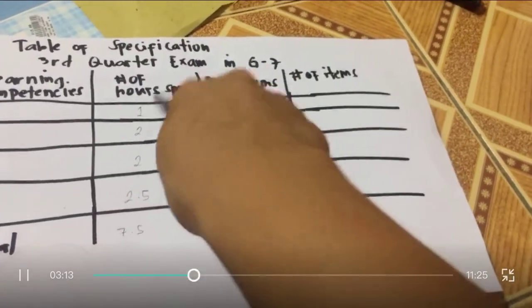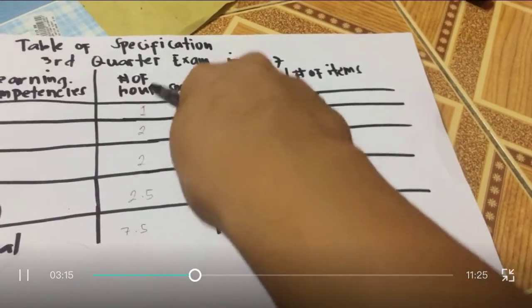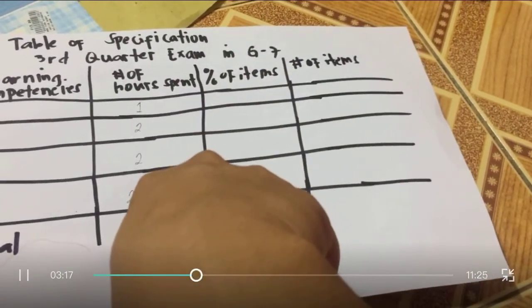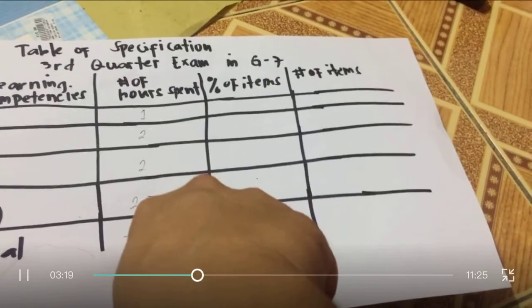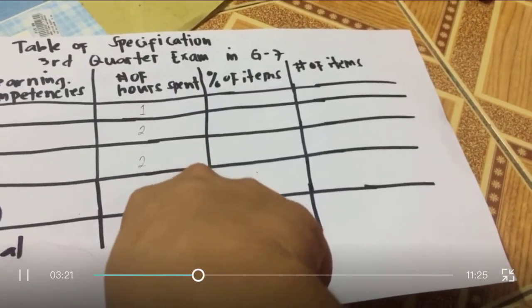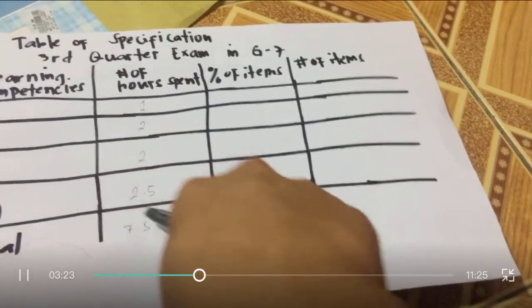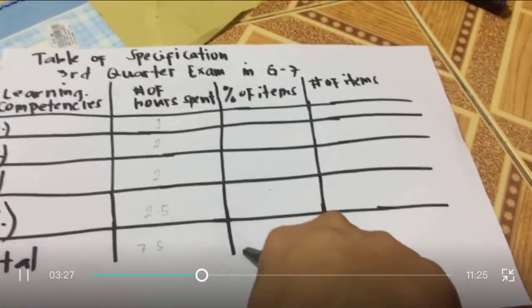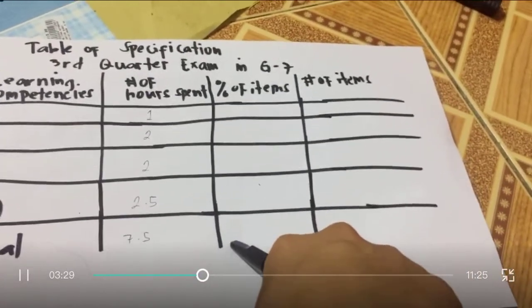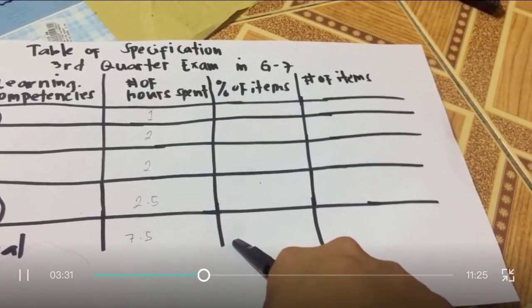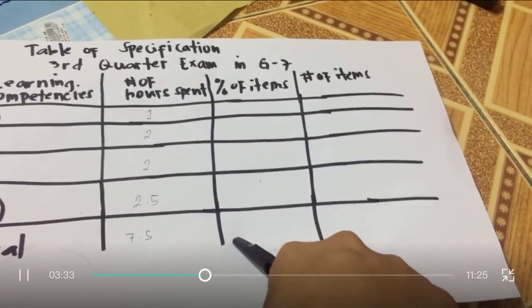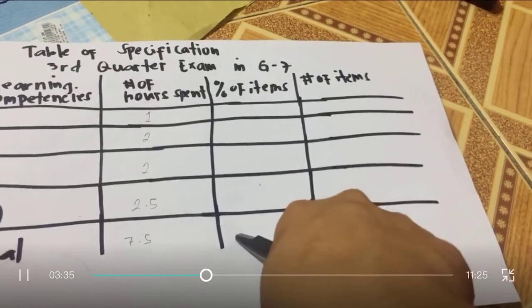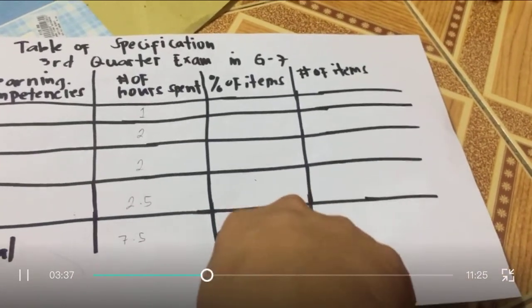So 1 divided by 7.5, then multiply by 100.